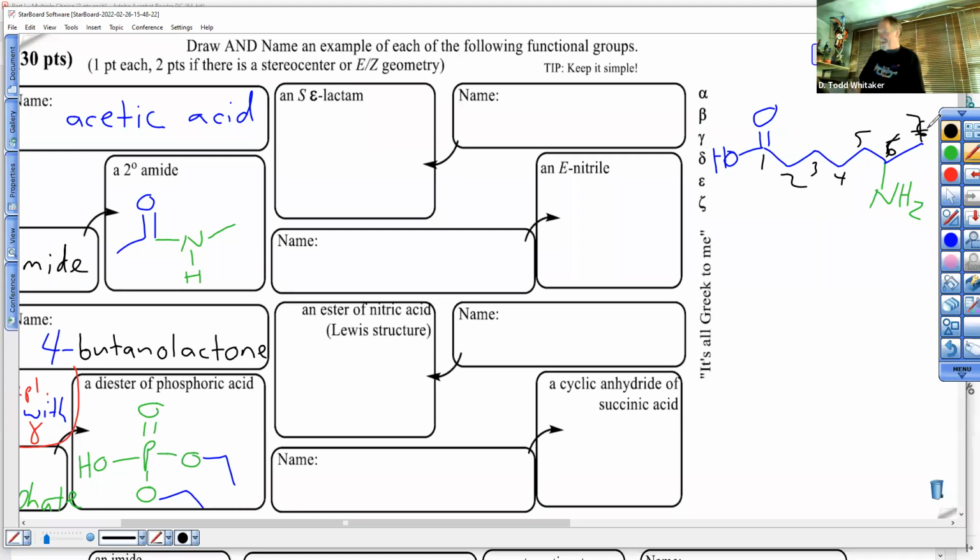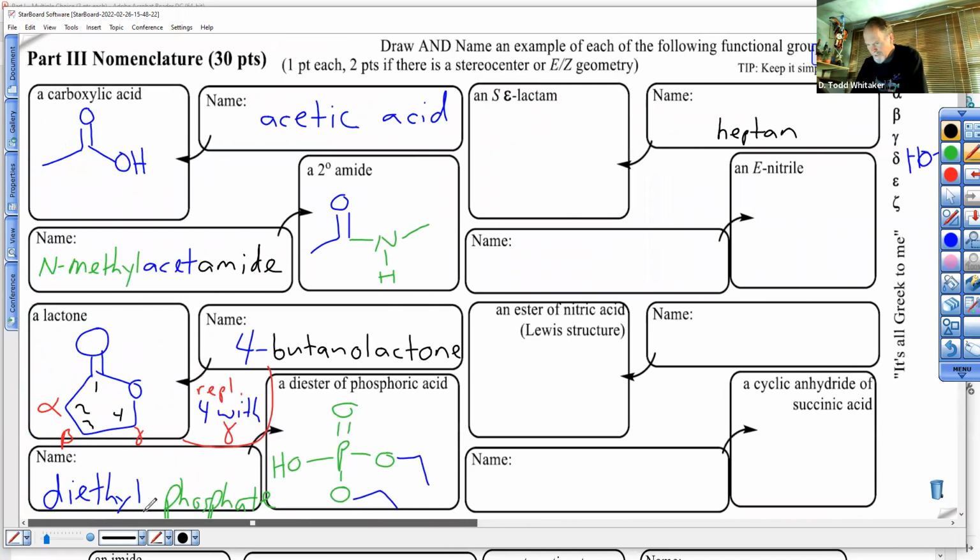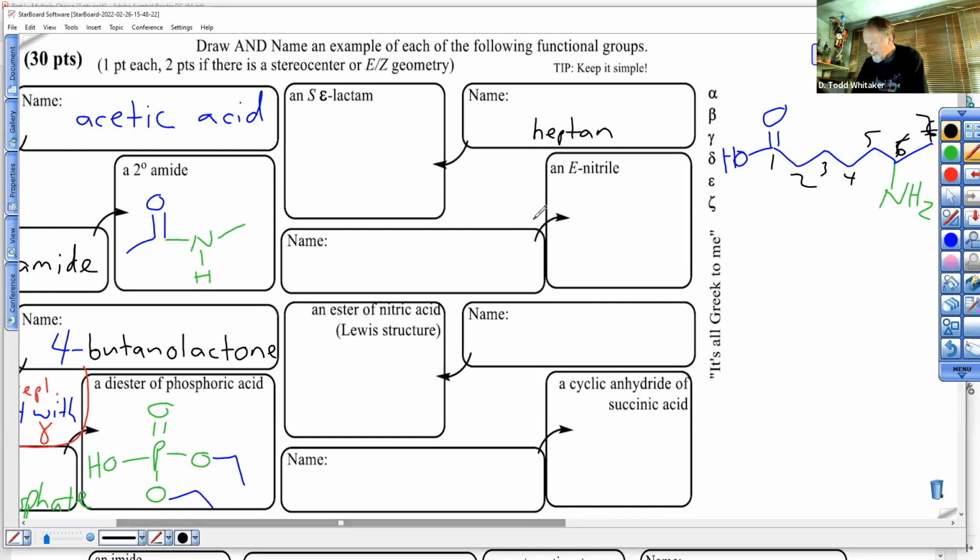It's a heptanoic acid. It's going to have hept in its name. And you're stuck about how to name lactams. Well, let's see, lactones end with lactone.